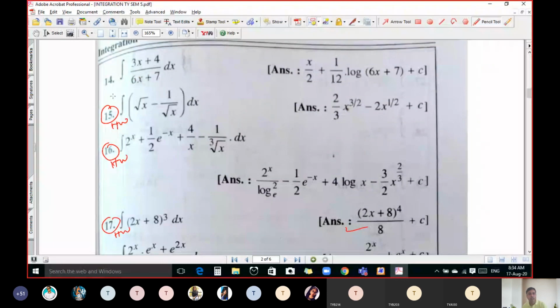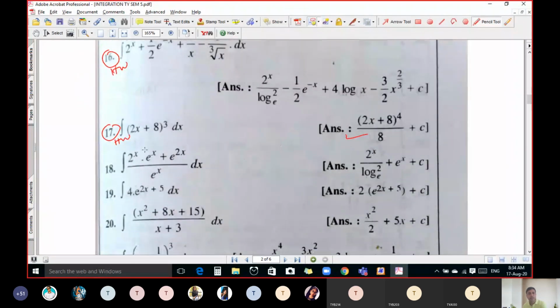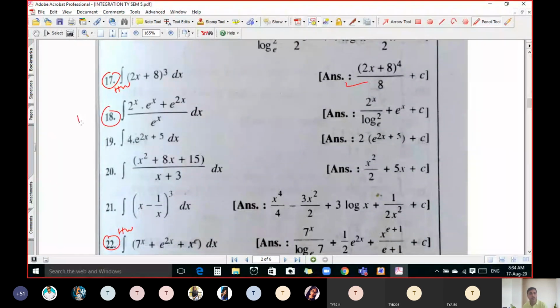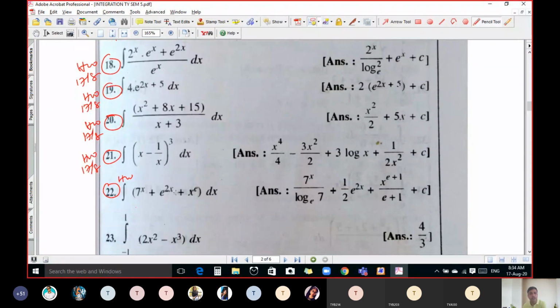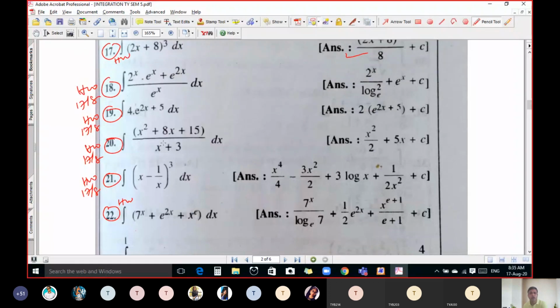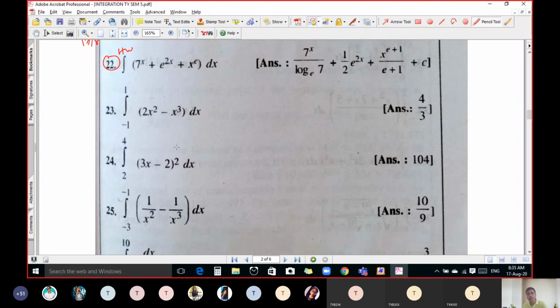So 13 is homework, same thing. 14 is homework, 18 homework, 19 homework, 20 homework, 21 homework. So this is your homework. Try to find out the answers to those questions, and after solving your doubts on this question, we will continue with the next part of this chapter.